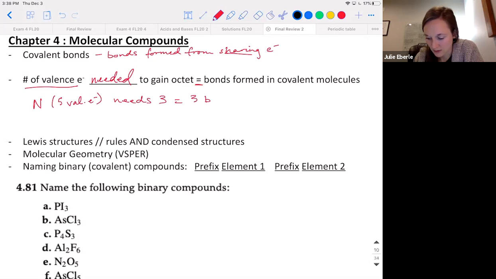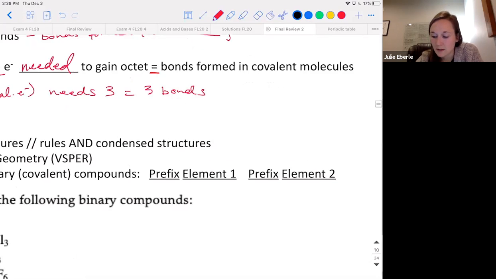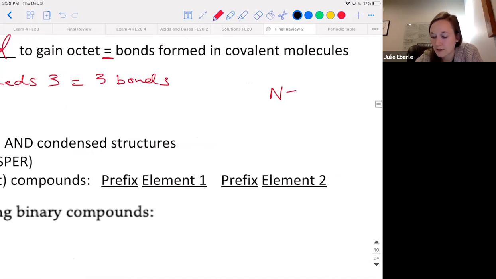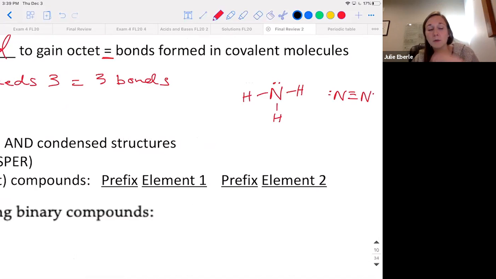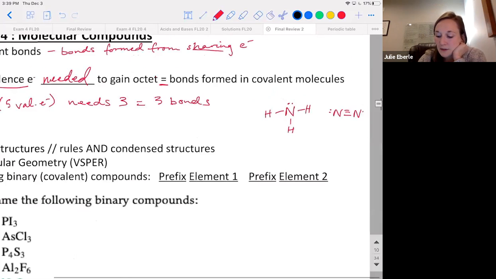It'll form 3 bonds in a covalently bonded molecule. And you would commonly see me draw this out all the time with, for example, ammonia, NH3. Nitrogen is classically involved in 3 bonds. Now it can look different ways. It could be a triple bond to another nitrogen, or it could be 3 single bonds or a double bond and a single bond, but 3 bonds. And that's how we figure these out.